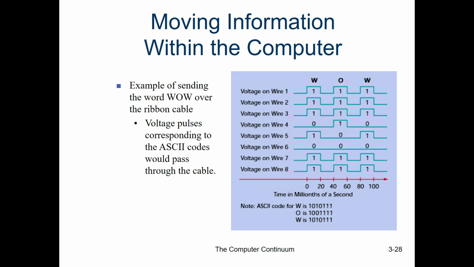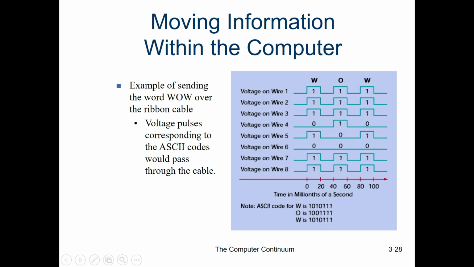So, an example of sending the word "wow" over the ribbon cable. Here is the word "wow". If we translate "wow" into ASCII code, we get something like the one at the bottom.